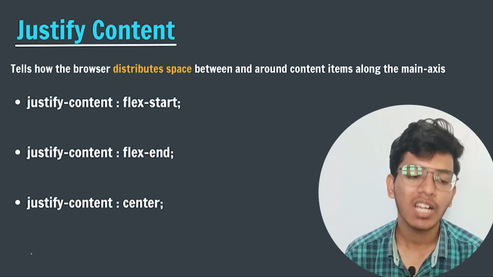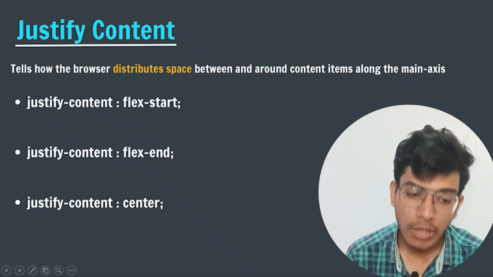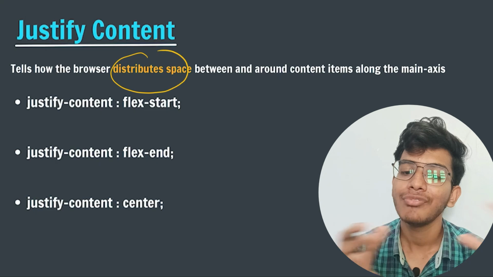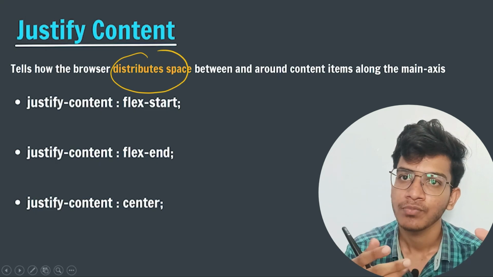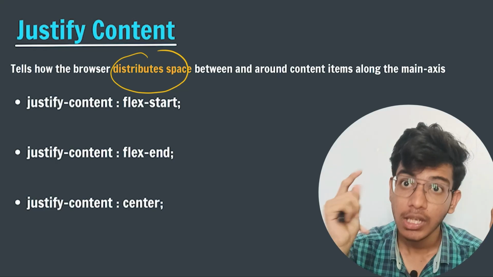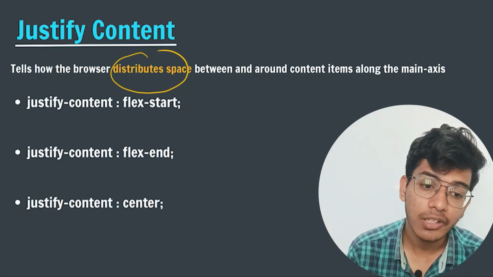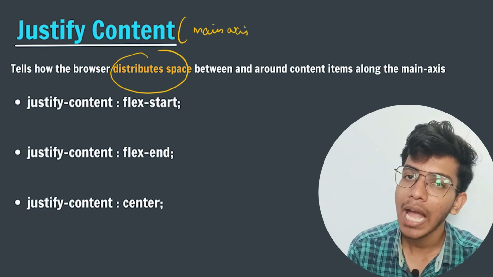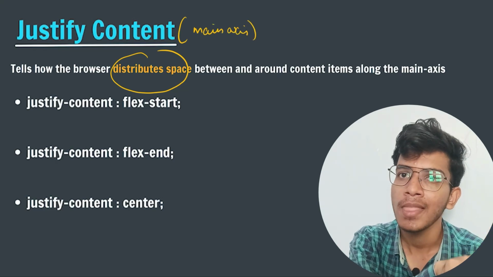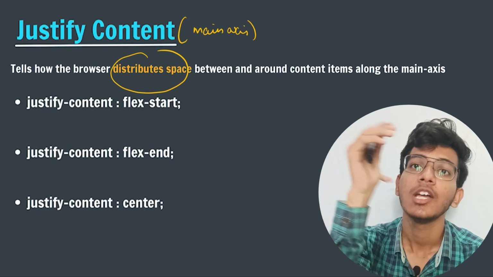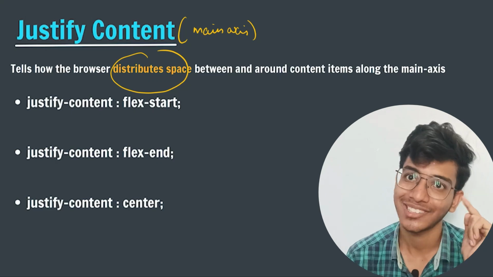So justify content is used to tell the browser how to distribute space between and around items along the main axis. You need to remember, justify content is related to the main axis. So whatever you do, it will only happen based on the main axis. The changes will happen with respect to the main axis.